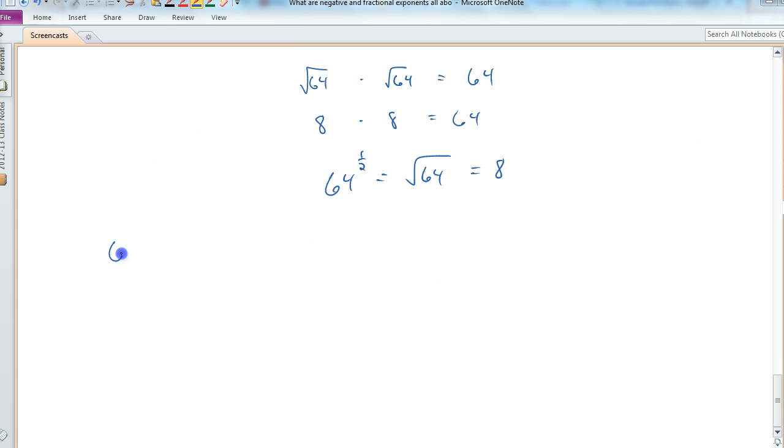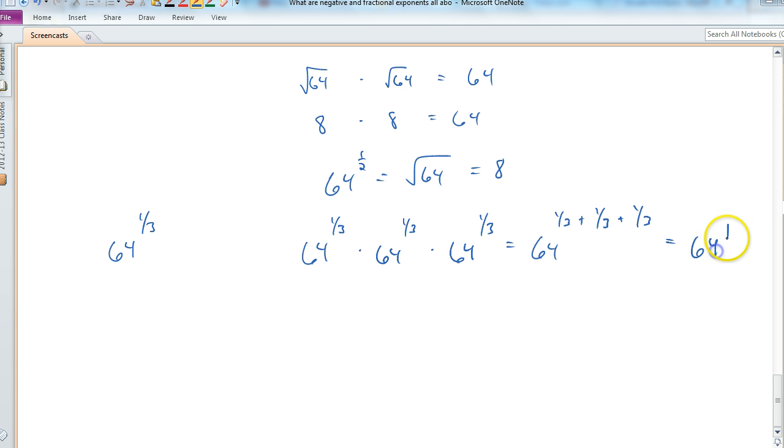How about 64 to the 1/3 power? Well, 64 to the 1/3 times 64 to the 1/3 times 64 to the 1/3 is going to be 64 to the 1/3 plus 1/3 plus 1/3, which equals 64 to the 1, which equals 64. So we're saying that 64 to the 1/3 times itself again gets me to 64.